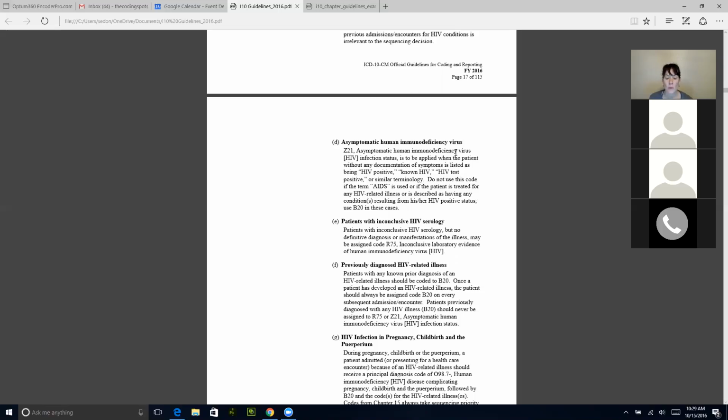We use B20 in these cases. That's very important, so make sure that you highlight that. If it's documented in the medical record, AIDS, HIV-related illness, or having any conditions related to HIV positive status, it's always going to be B20.